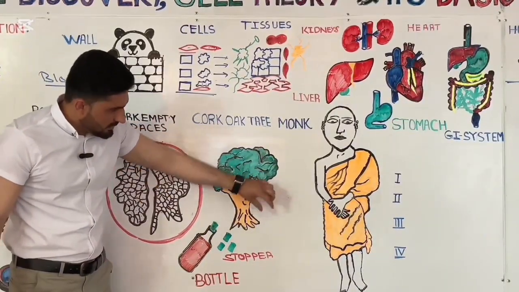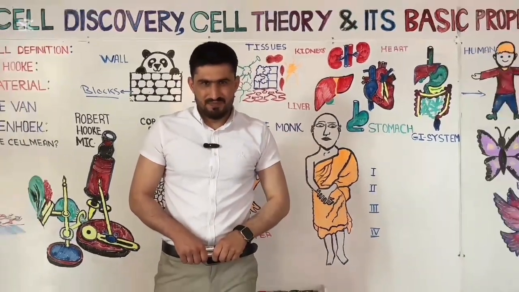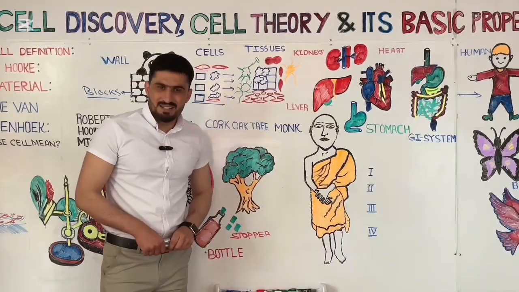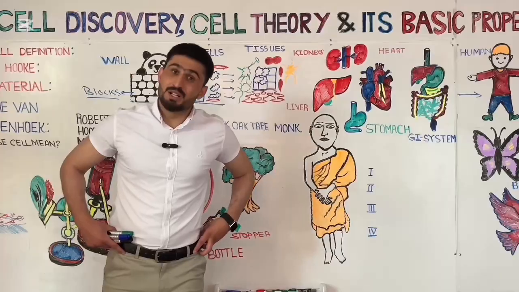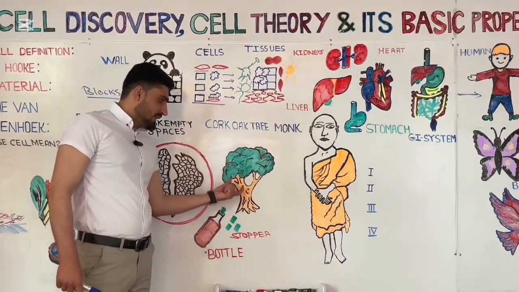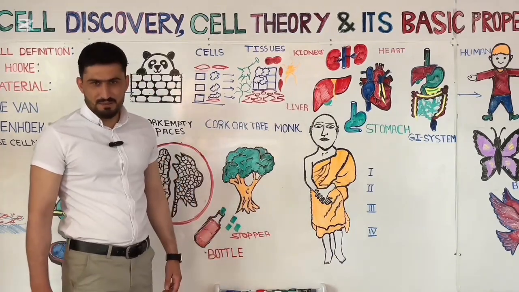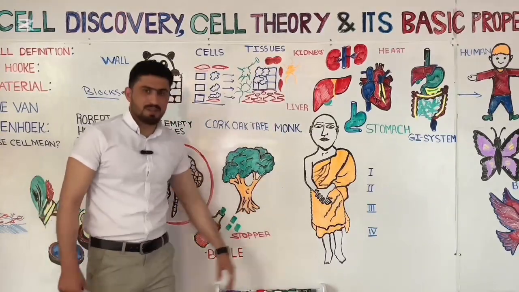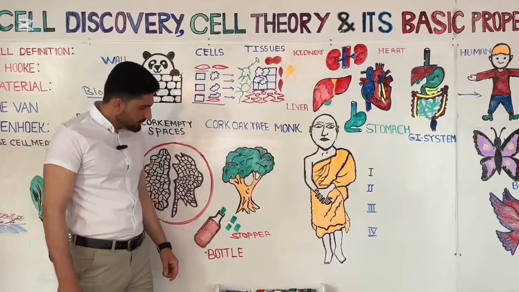Cork has fascinating and interesting characteristics, for example, water resistance, fire resistance, and it floats on water. Because of these characteristics, it was used for different purposes. For example, one of those purposes was to make stoppers. Do you know stoppers? Stoppers are the caps of bottles.